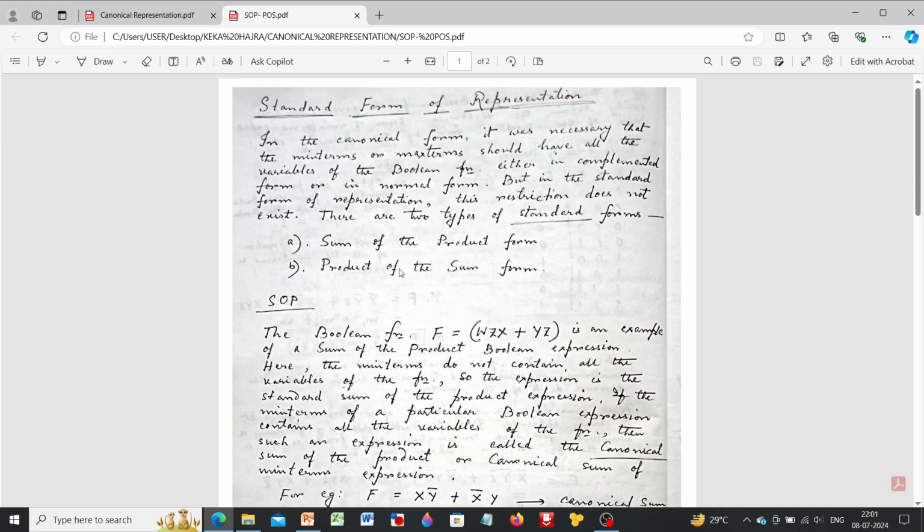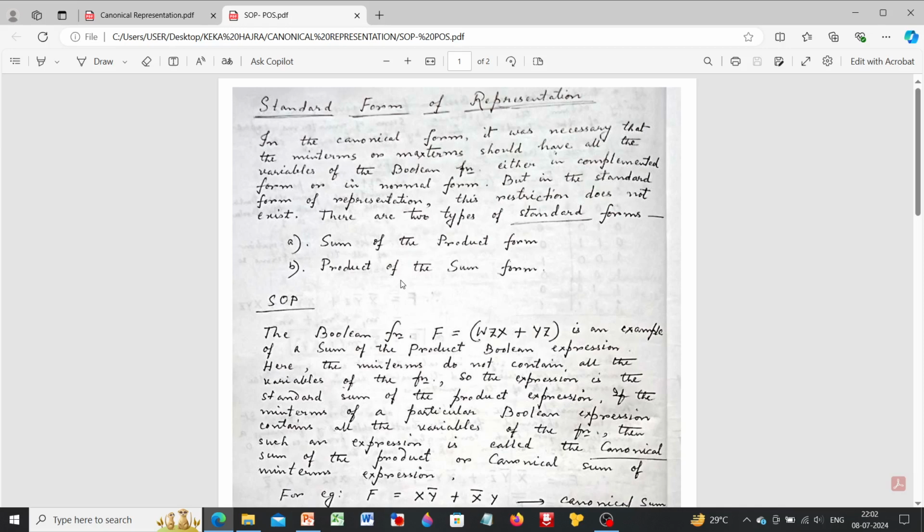What is standard form of representation? In the canonical form, it is mandatory that the minterms or maxterms should contain all the variables of the Boolean function, either in complemented form or in normal form. In canonical form there are two ways: sum of minterms form, canonical SOP form, and product of maxterm form, that is canonical POS form.